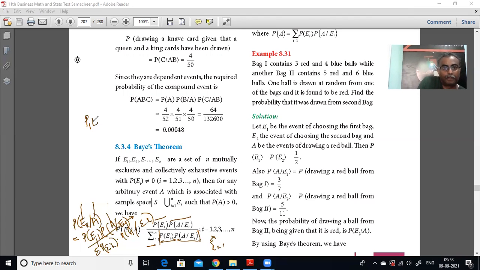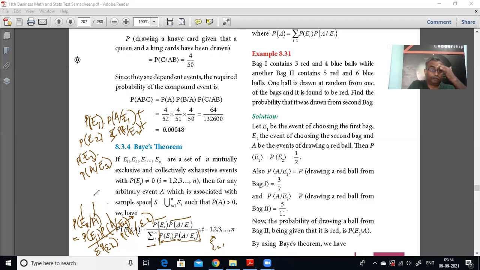The first time it will come P of E1 into P of A given E1. Then the second time, you have to add P of E2 into P of A given E2. Then the third time, plus P of E3 into P of A given that E3 has happened.